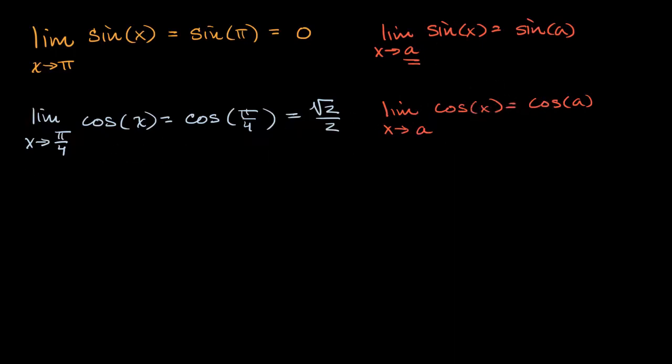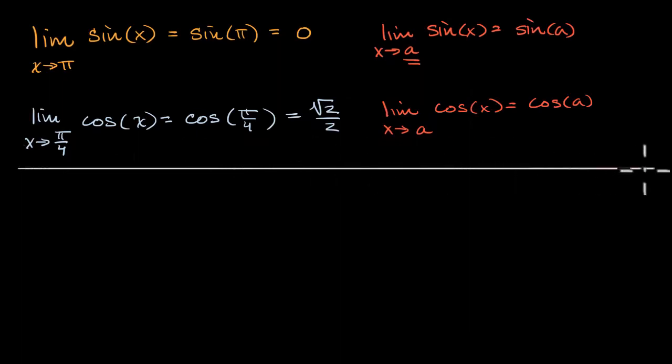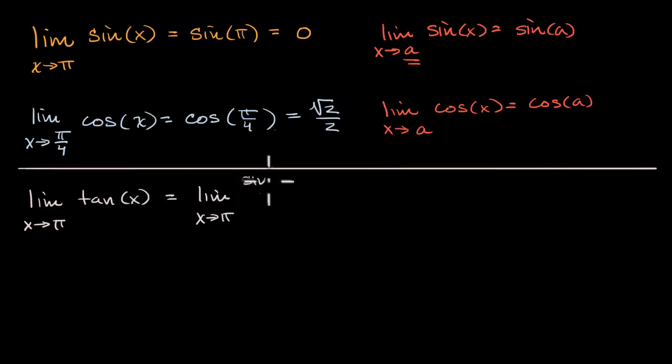But now let's do slightly more involved trigonometric functions, ones that aren't defined for all real numbers, whose domains are constrained a little bit more. Let's say we take the limit as x approaches pi of tangent of x. Tangent of x is sine of x over cosine of x, and both of these are defined at pi.